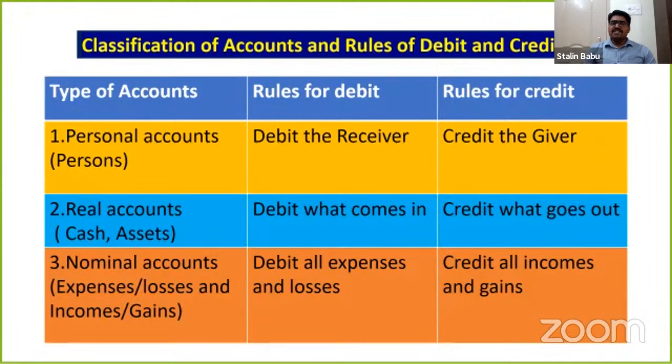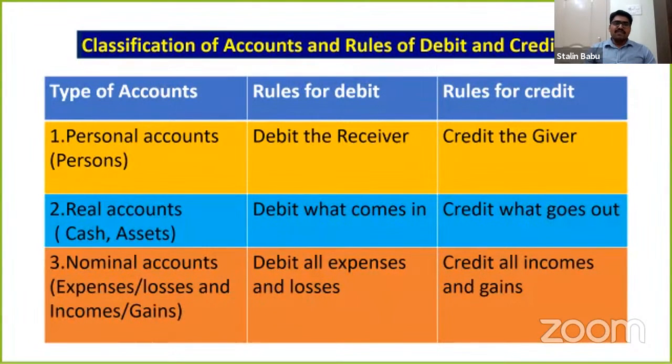Whenever cash and assets go out of the business, they should be credited. The final account is nominal account. Nominal account deals with expenses and losses and incomes and gains. The rule is debit all the expenses and losses, credit all the incomes and gains.